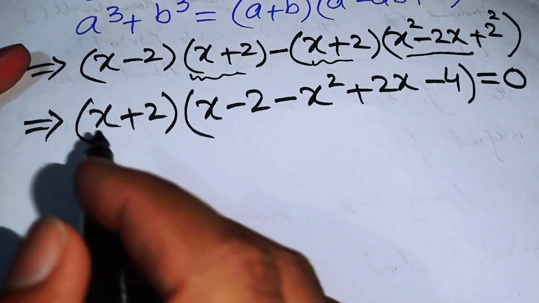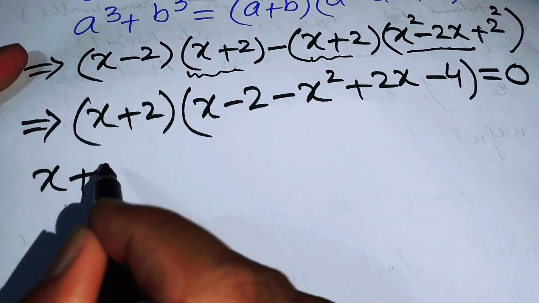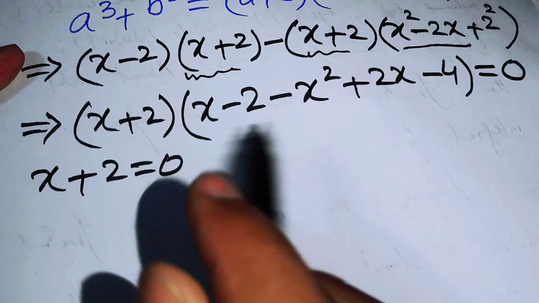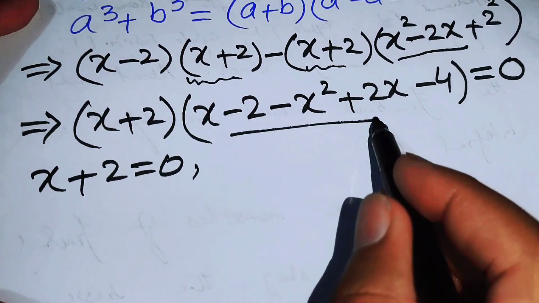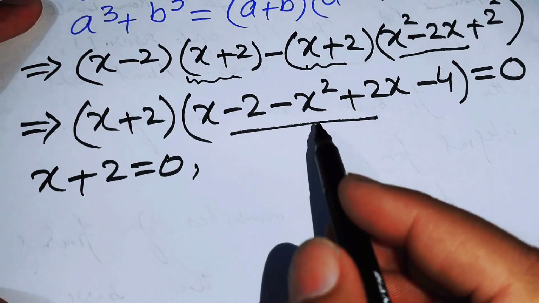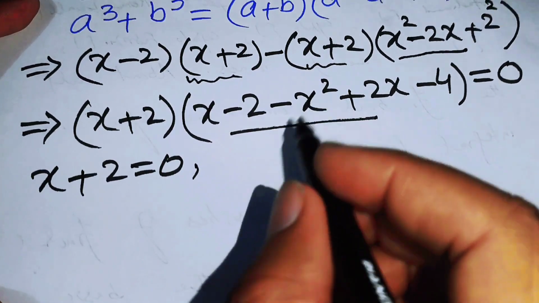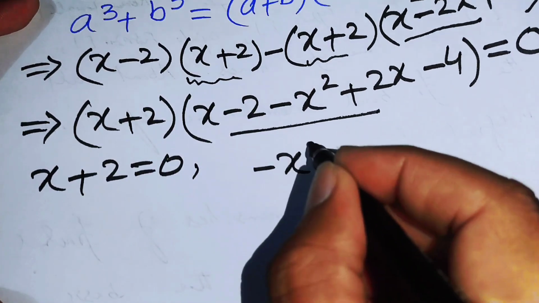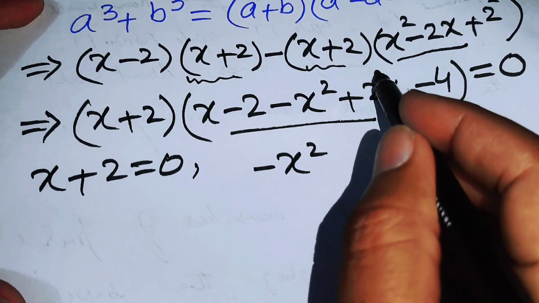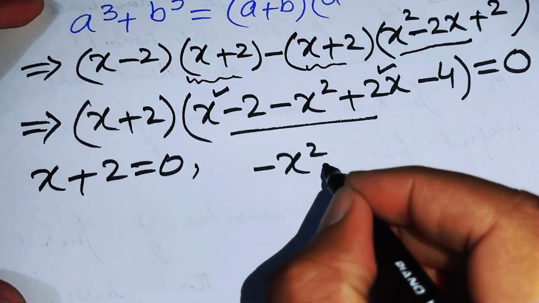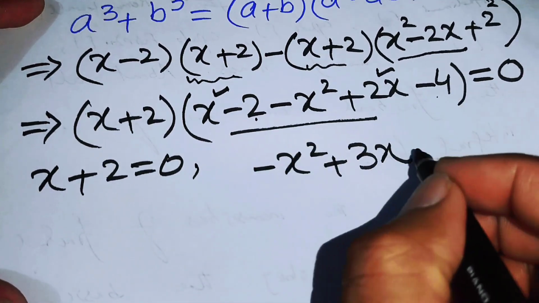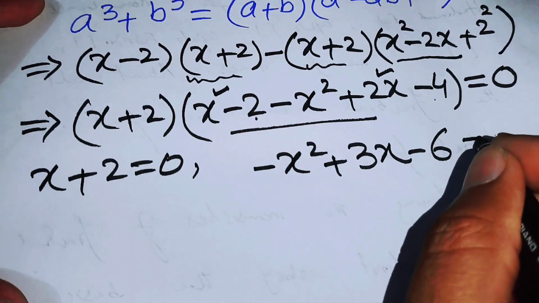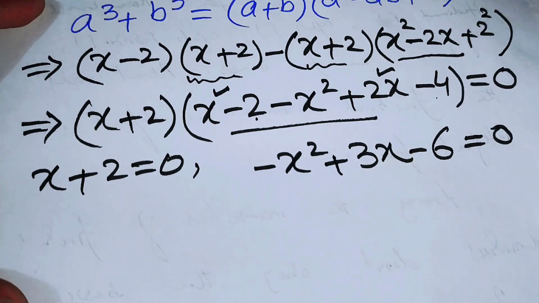The first case is we take x plus 2 is equal to 0, and the other case is we take this whole term equal to 0. First we simplify this term: here first we have minus x squared, and now you have 2x plus x, which is equal to plus 3x, and here you have minus 2 and minus 4 is minus 6 is equal to 0.